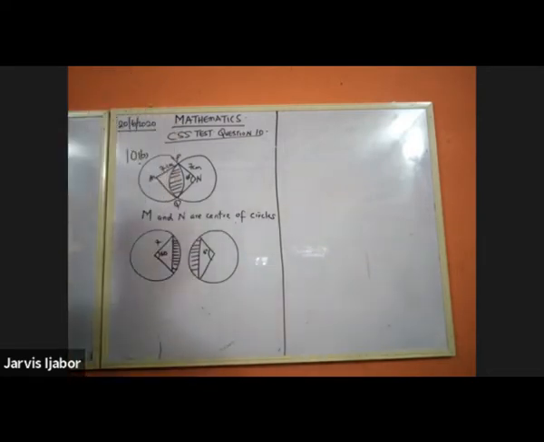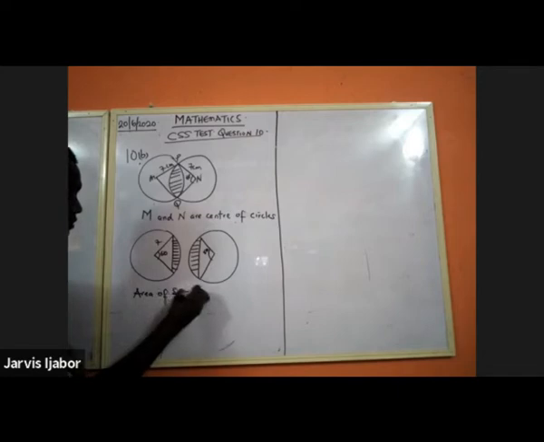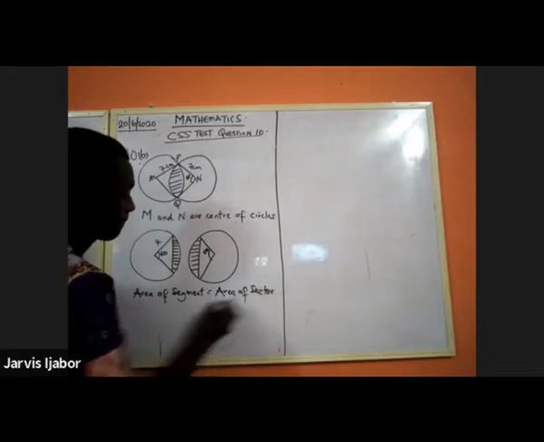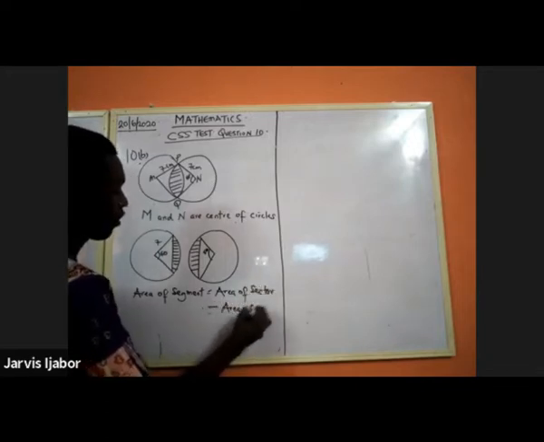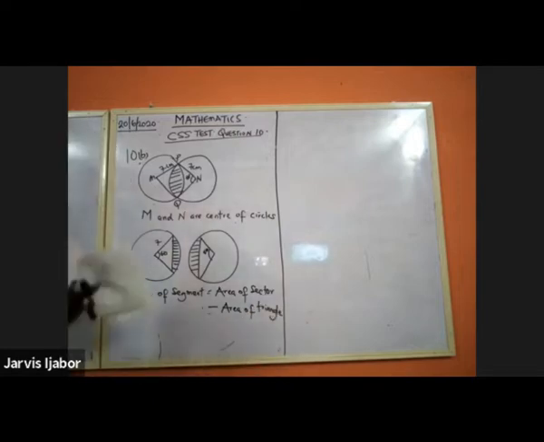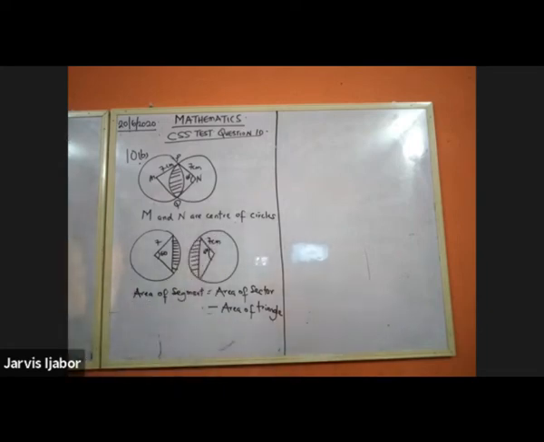So the area of the shaded portion will now be, remember, the area of a segment is equal to the area of the sector minus the area of the triangle. So the area of the segment is the area of the sector minus the area of this triangle.